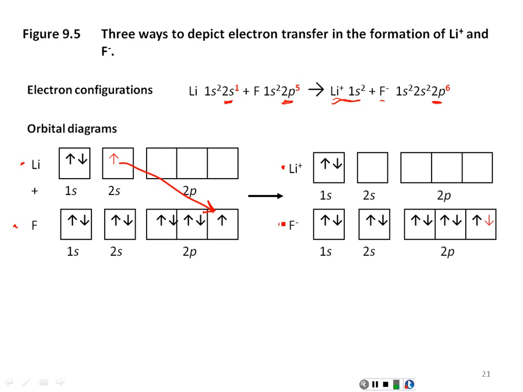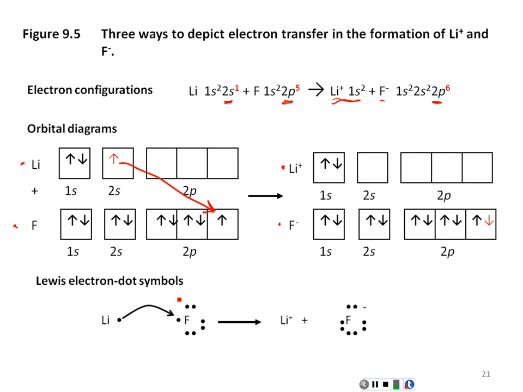And these are the new configurations. And then the way I think is probably the easiest way to show it is by Lewis symbols. So here we see lithium. It gives up 1 electron, you see with the arrow, to fluorine, and we're left with lithium plus and fluorine minus.